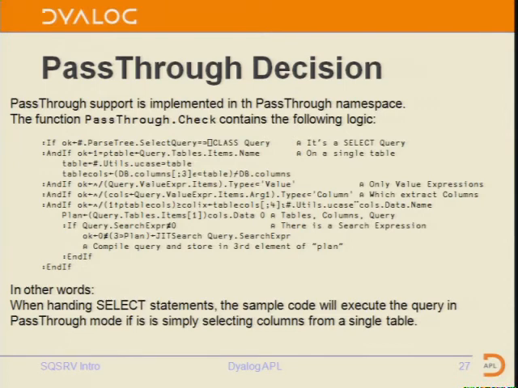Then I check whether in the value expression we only have value expressions which extract columns. And basically, if that is the case, then I decide I will execute pass-through because I've written just enough code to handle pass-through in that case. Otherwise, I've set OK to 0, and I'm going to get a call on the simple type of queries.